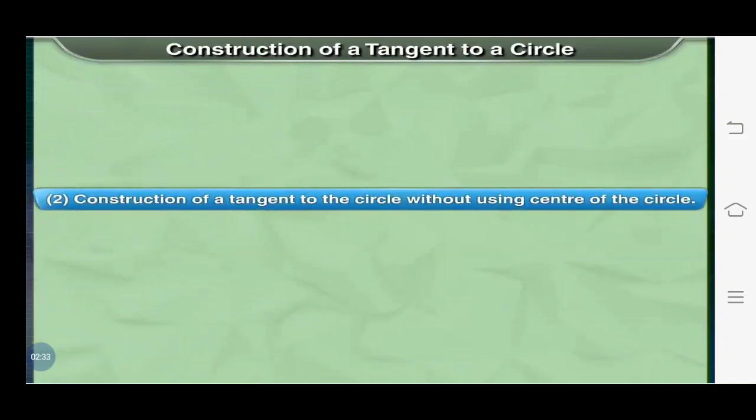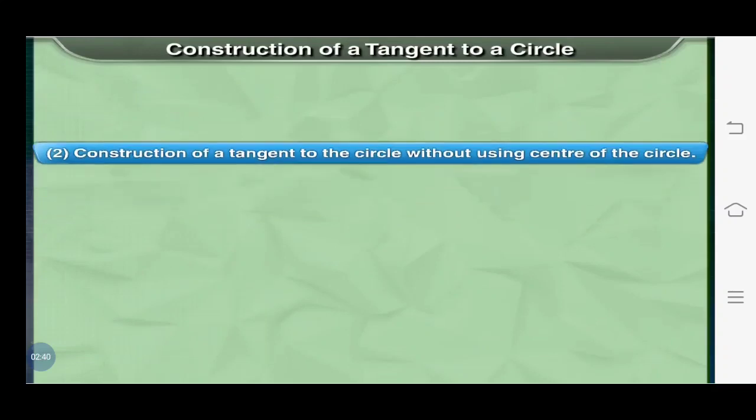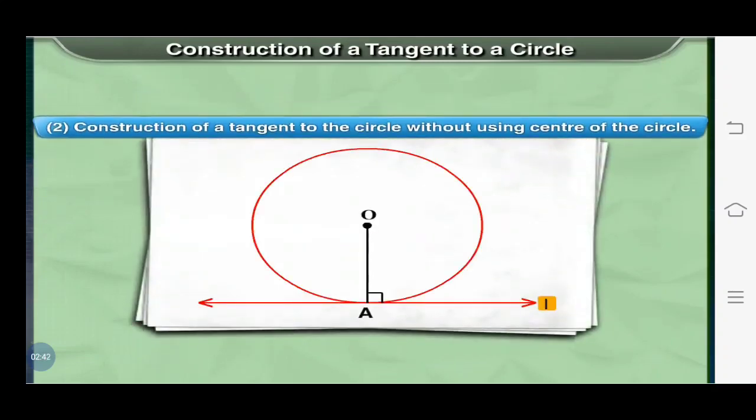We learned to construct a tangent to the circle using the center of the circle at a given point. Can we draw a tangent to a circle at a point on it without using the center? To do so, we will have to recall the property of angles in alternate segments.